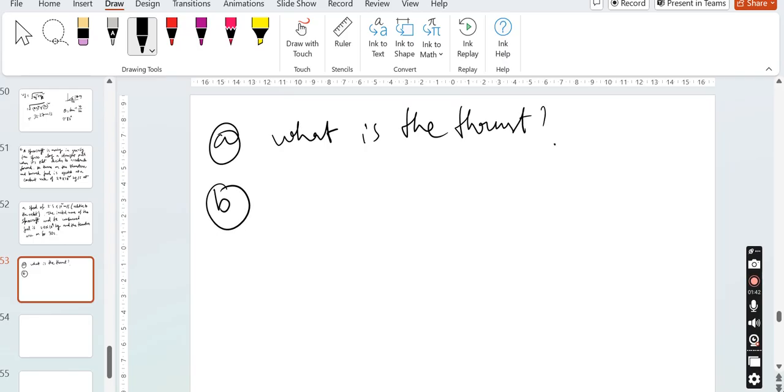Question B was, what is the spacecraft acceleration as a function of time?